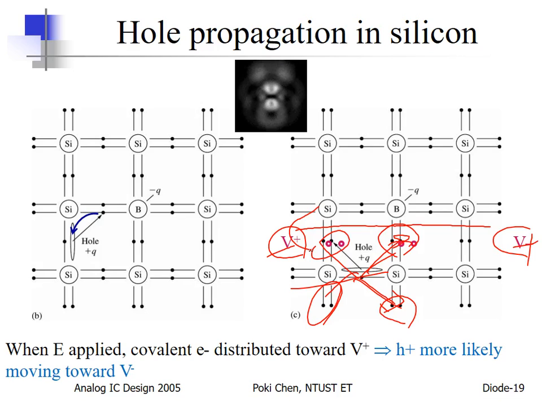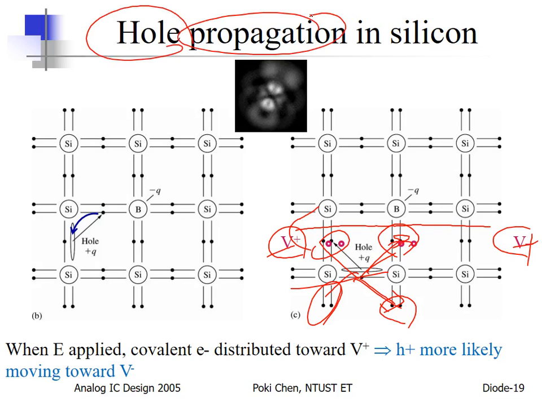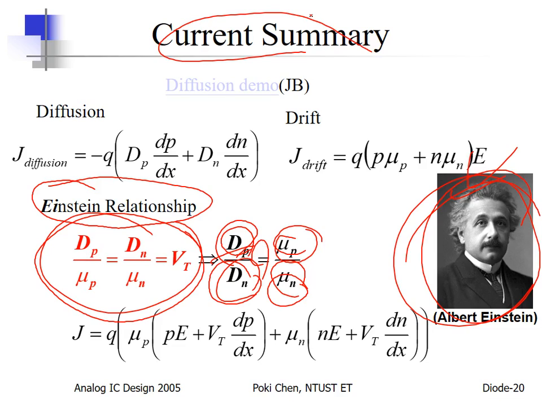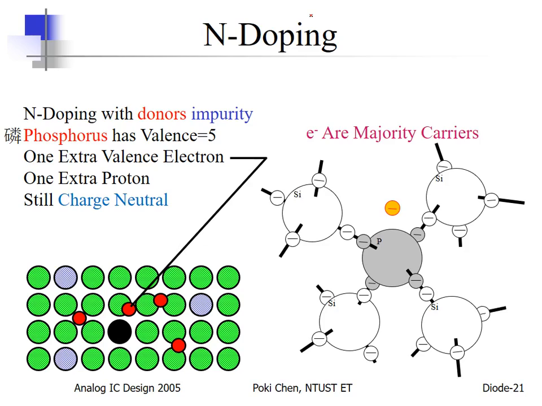I mean the hole will be filled, then move to the negative. Okay, that's it. That is how a hole can propagate through the silicon lattice, filled by the other valence electrons. Okay? Yeah, so that is the current summary for you.